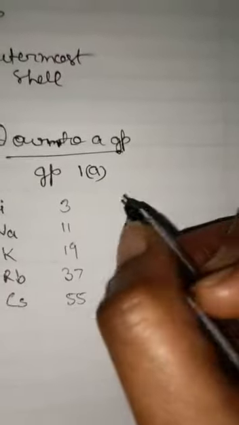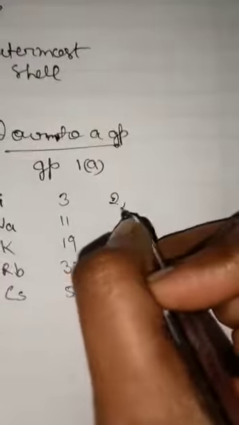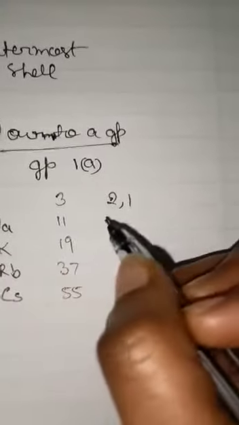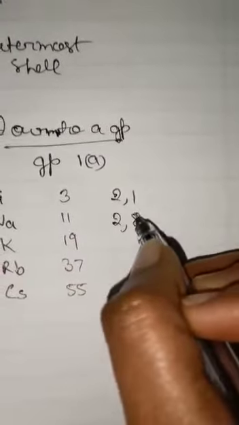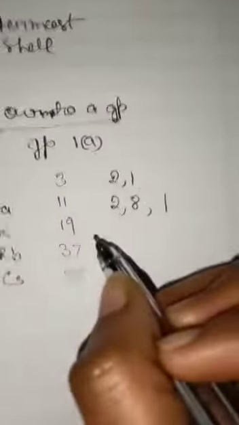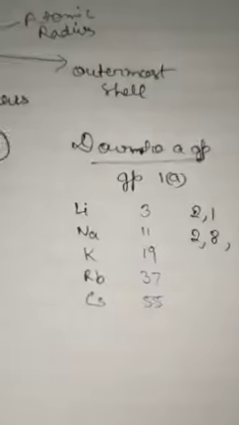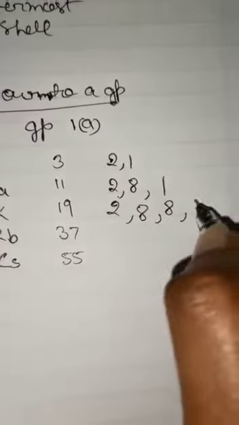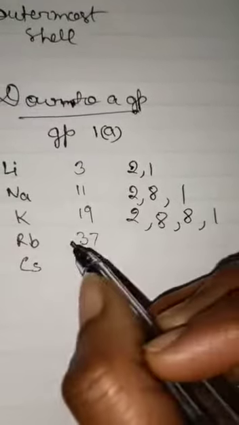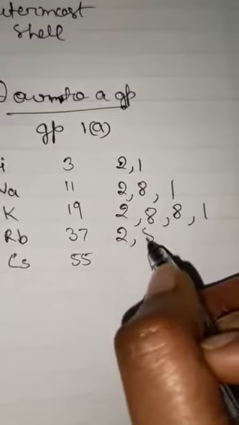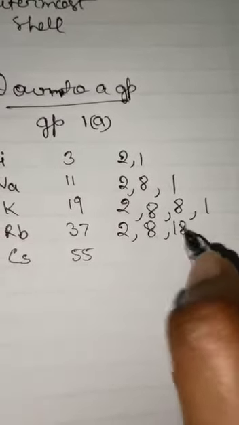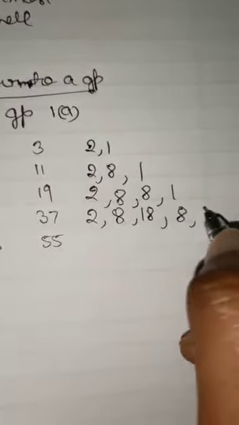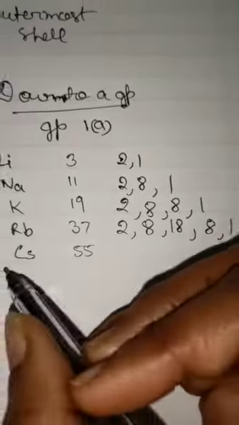So according to these atomic numbers, what is the electronic configuration? That is 2 1 for lithium, 2 8 1 for sodium, 2 8 8 1 for potassium, 2 8 18 8 1 for rubidium, and 2 8 18 18 8 1 for cesium.